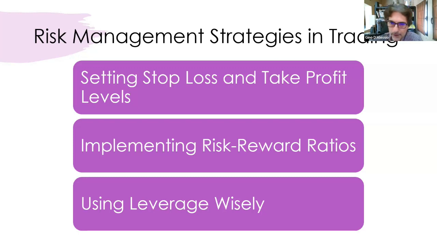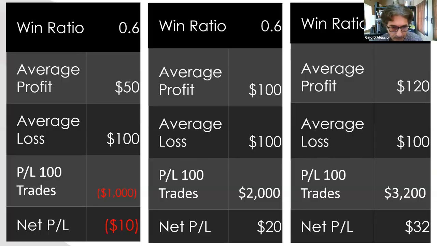As we saw in the previous slide, having a 60% win rate, which is very good, but having a poor average profit compared to your average loss is going to make you lose money. So it's very important to keep at least your average profit at the same level as your average loss, and if not, to improve it, to have a higher average profit than average loss.